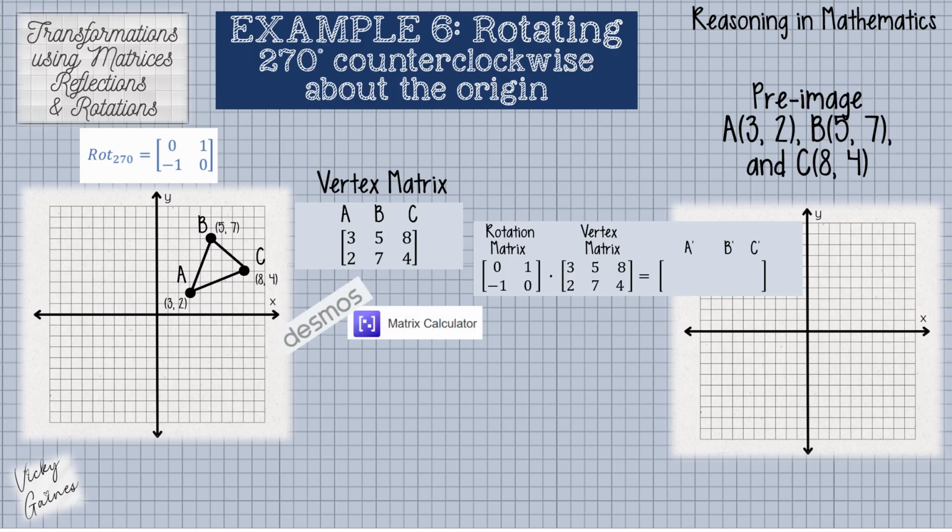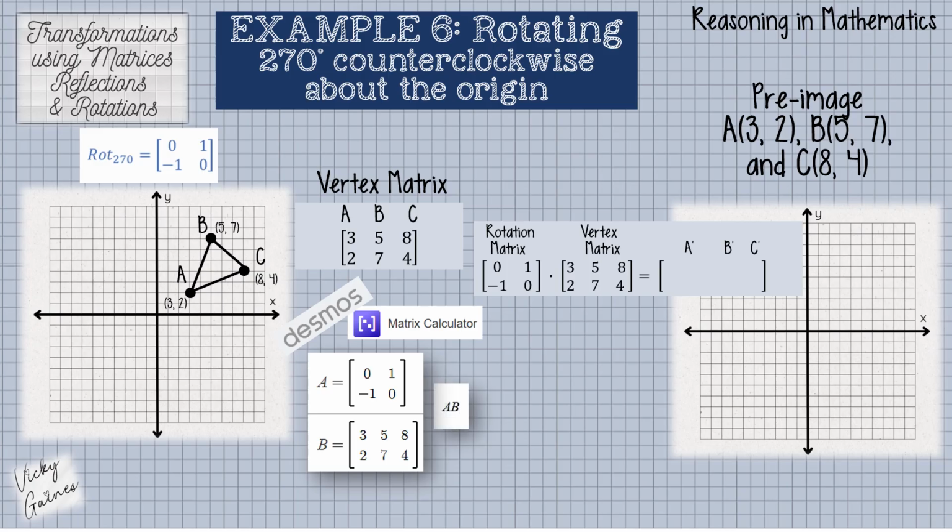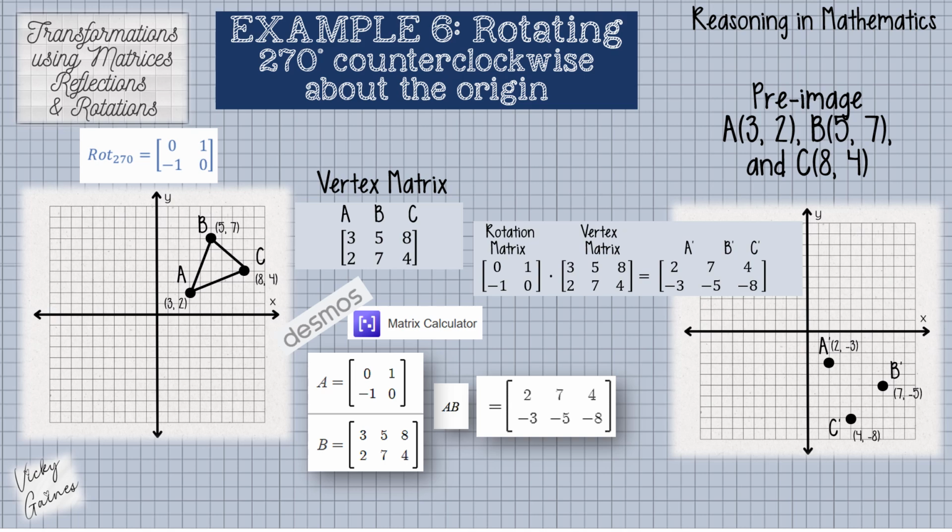Putting it in the Desmos matrix calculator, we can put in our rotation matrix first, 0, 1, negative 1, 0, and we're going to multiply it by the vertex matrix. So we can just type in A times B, and there we have it. So A prime is at 2, negative 3, B prime is at 7, negative 5, and C prime will end up being at 4, negative 8. And there it is after a counterclockwise rotation of 270 degrees about the origin.